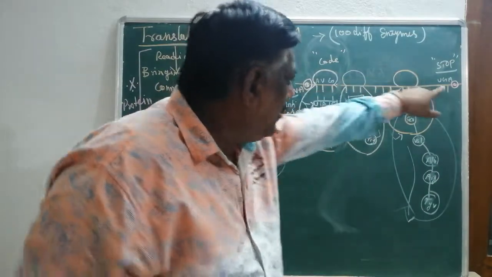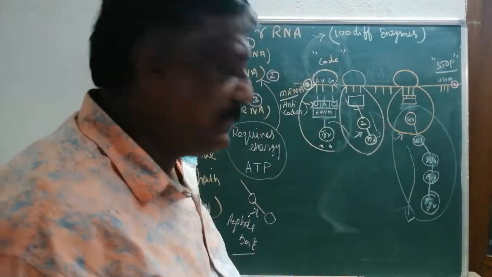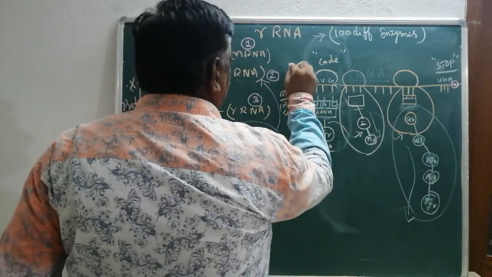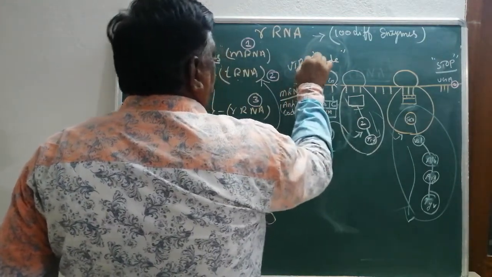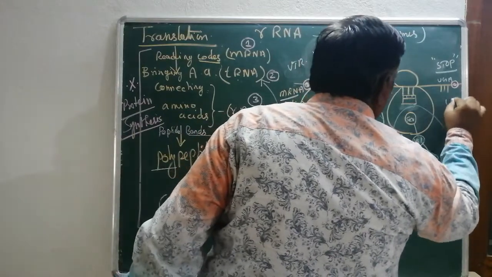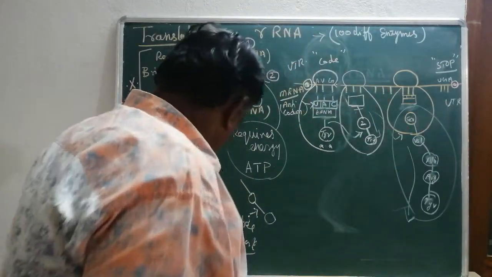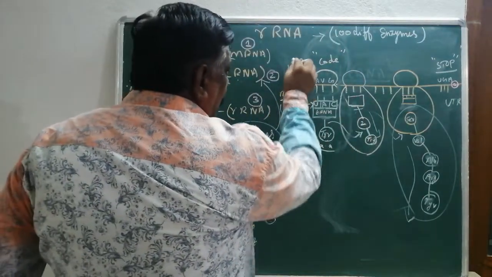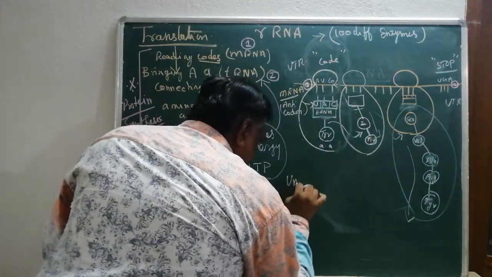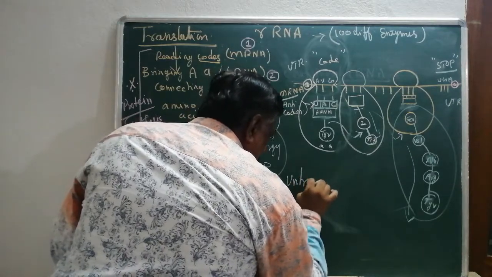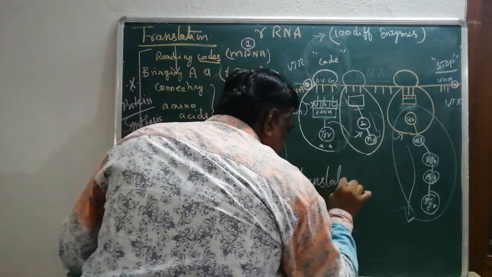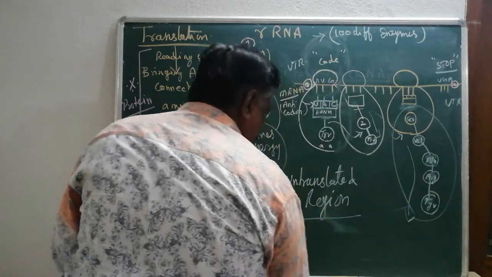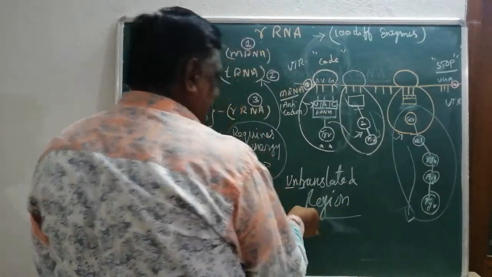I have drawn two dots at both the ends, and these are called UTR. UTR means untranslated region. Untranslated region, UTR.